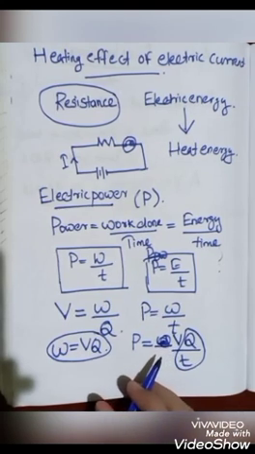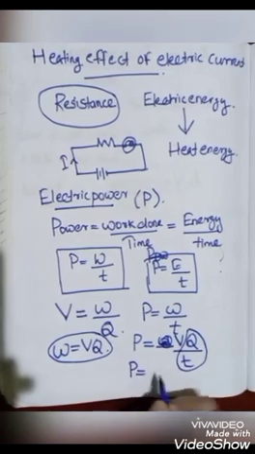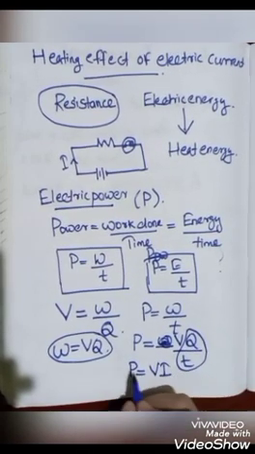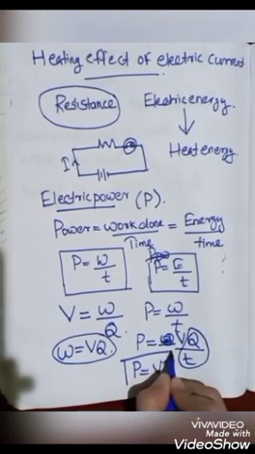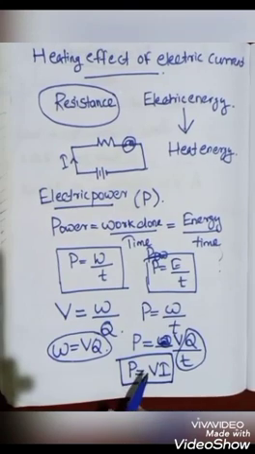We studied in the first class that charge by time is the electric current. So we can substitute Q by T as I, electric current. This is another equation for power. This is the relationship between electric power, potential difference and current, that is P is equal to V into I.